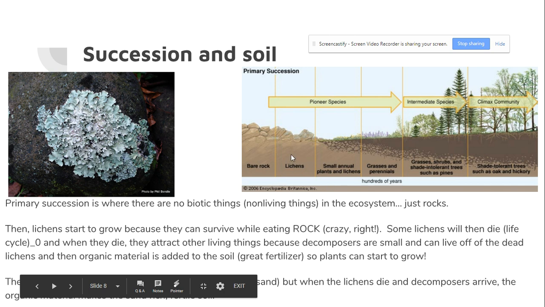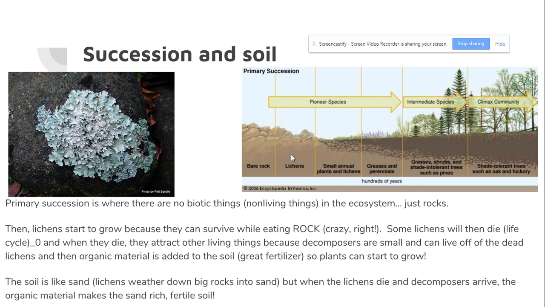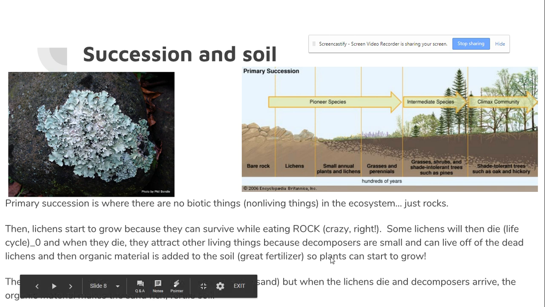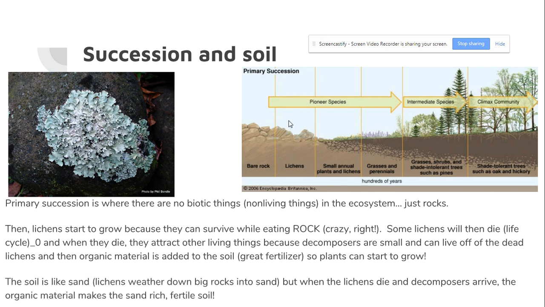Now we have all these extra minerals, needed vitamins and needed organic compounds that allow life to happen. So now plants can start to grow. Now when a seed gets dispersed in this area, it can survive.